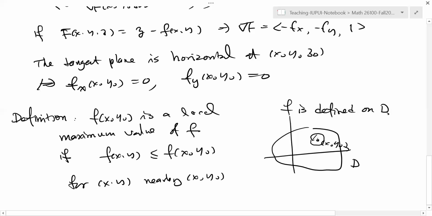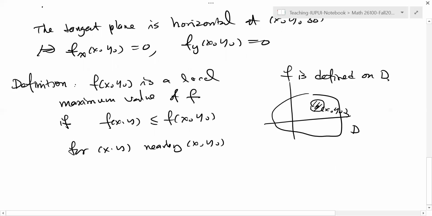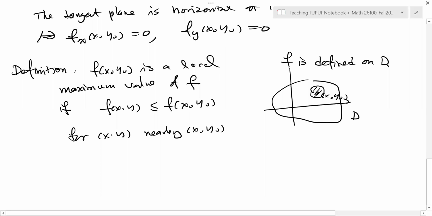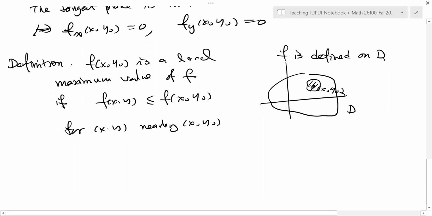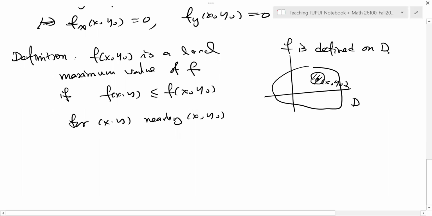So you can have a small neighborhood of that point, and the value of the function is always less than or equal to the value of the function at that particular point. Now, local maximum does not mean it's a global maximum.